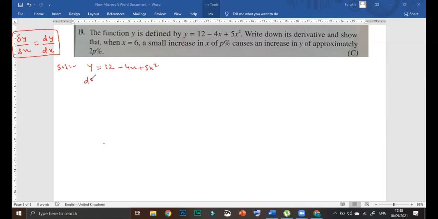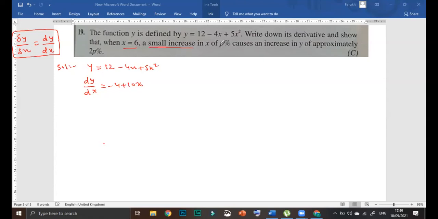dy by dx is equal to minus 4 plus 10x. This one is the derivative. And show that when x is equal to 6, a small increase in x of p%. Del y over del x is equal to dy by dx.